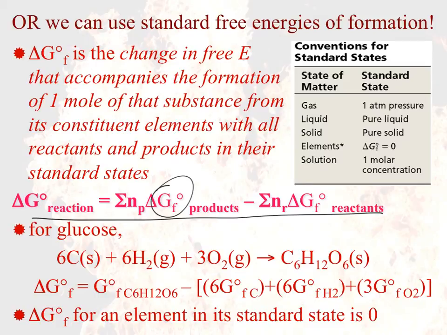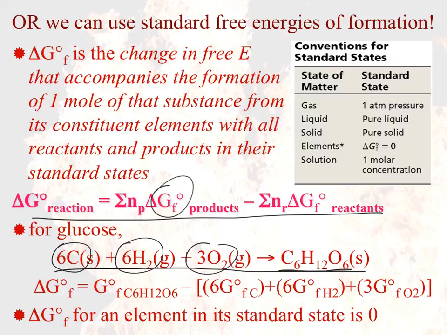Okay, so if we're going to look at the production of glucose, notice these are the constituent elements in their standard states. We're producing 1 mole of that product. And so how would we go about calculating this? Well, we look up the Gibbs free energy values. We get this from a chart.